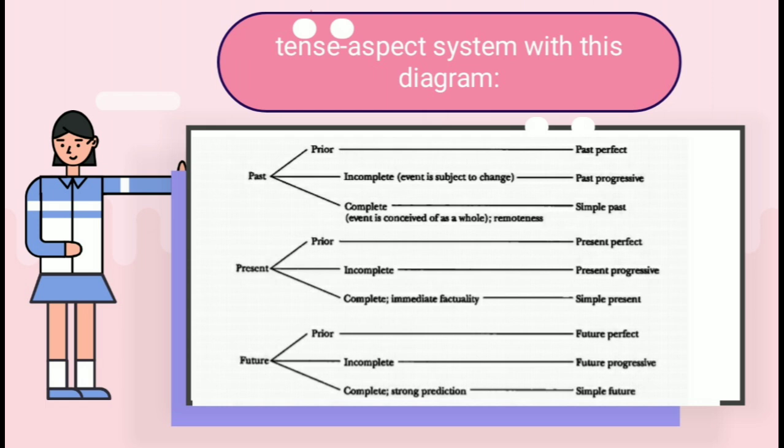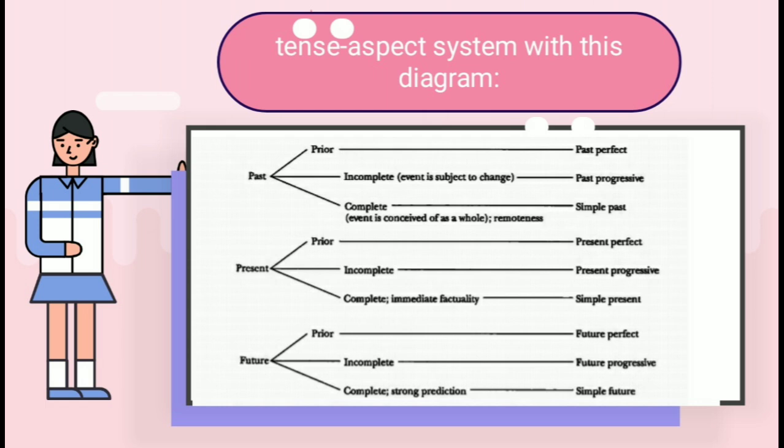And then sa past, incomplete, event is subject to change, or past progressive. So the past and complete, event is conceived of as a whole or remoteness. So naging simple past na siya.